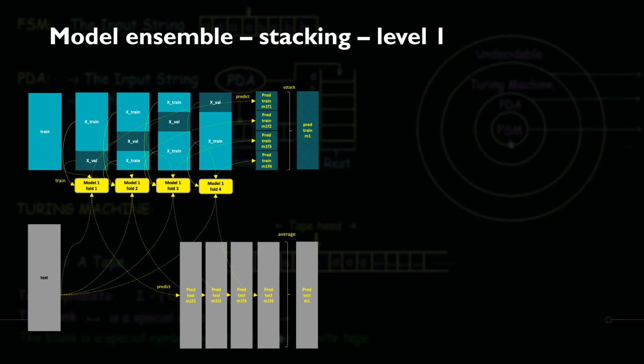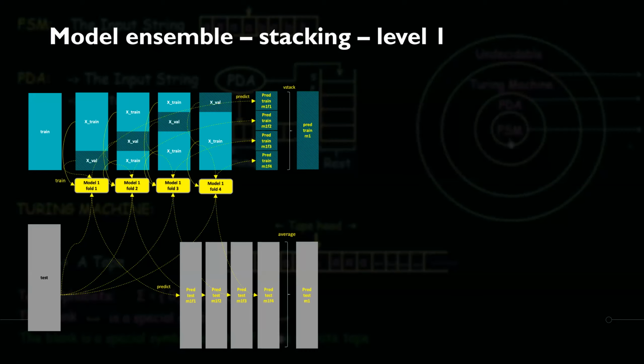The length is the same as the number of examples in the training data set, but it comes with one single column. That's the same thing for the prediction of test for model 1. It is a single column vector, and the length is the same as the length of the test data.